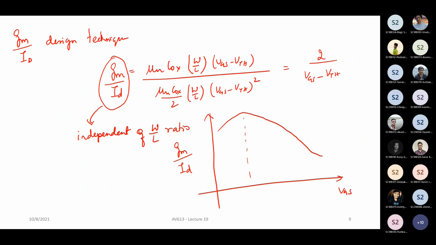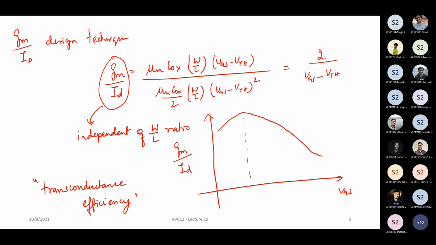So this GM by ID is also called the transconductance efficiency. That is, for a given amount of current, how much transconductance do you get out of it? GM by ID is independent of W by L. GM by ID is dependent on VGS only.